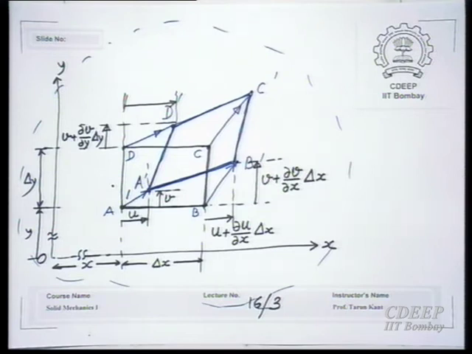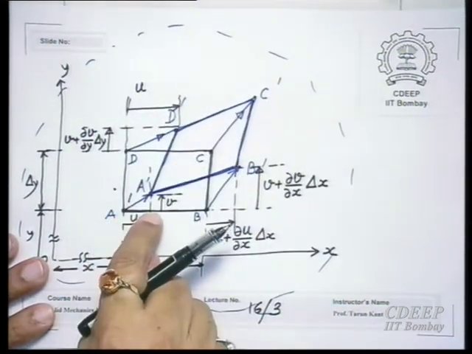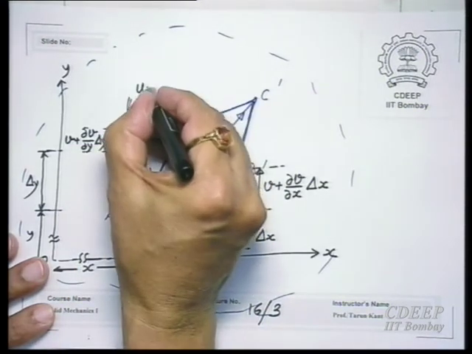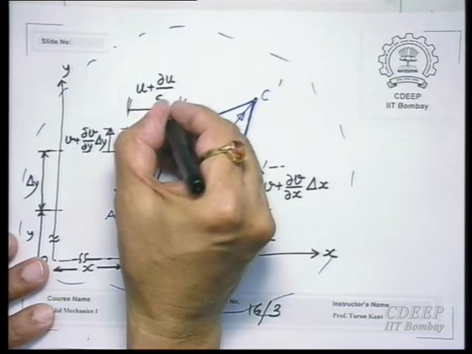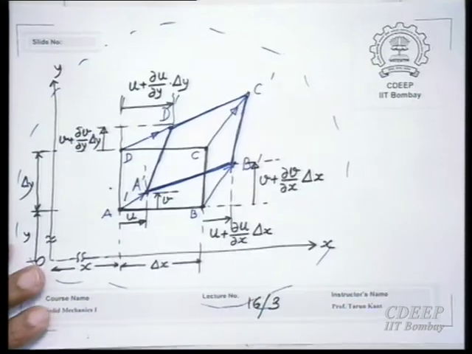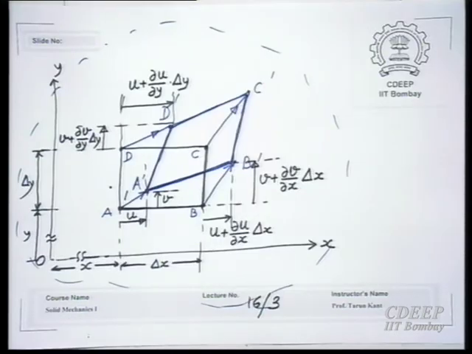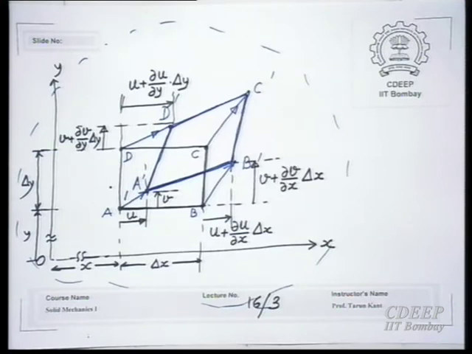What about the horizontal component? It will be u, because this is u, plus the rate of change of u with respect to y times dy. Is it okay?